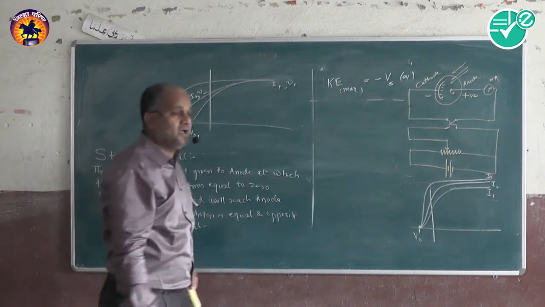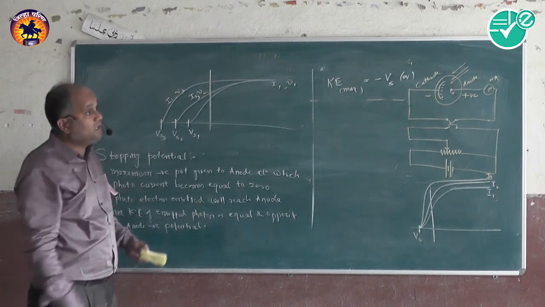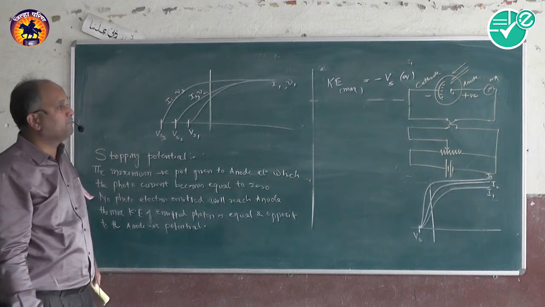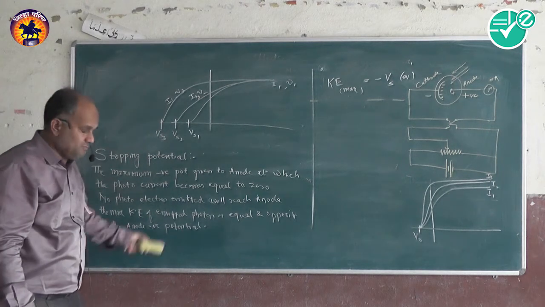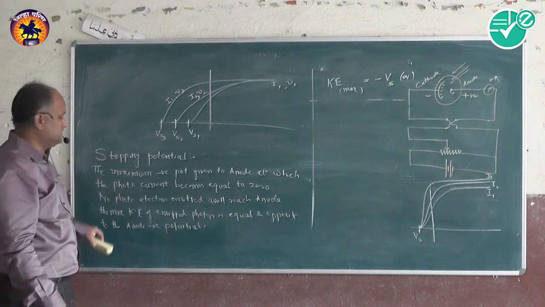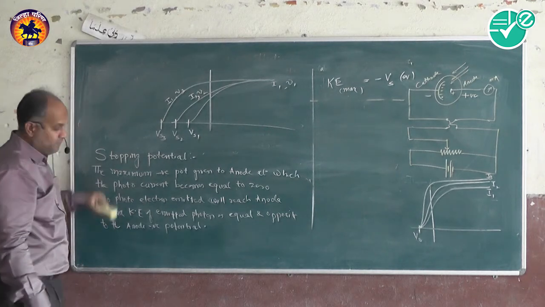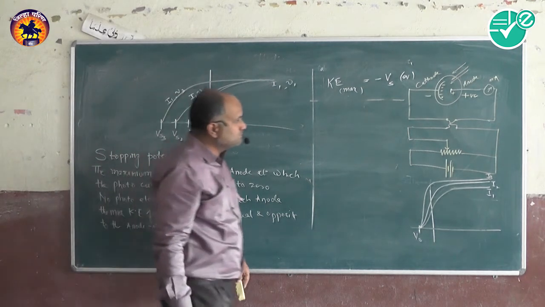Thus this defines how the photoelectric effect is affected by these three factors: intensity, potential and the frequency.